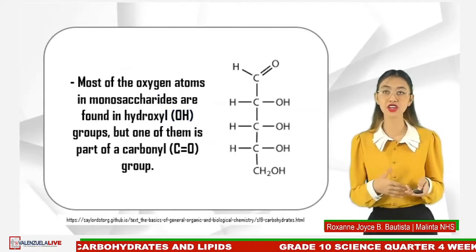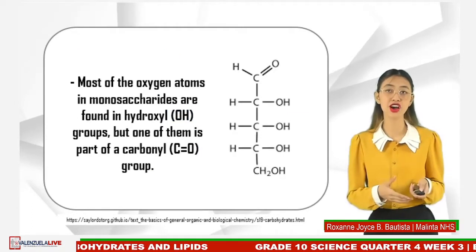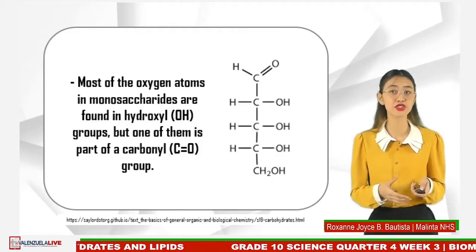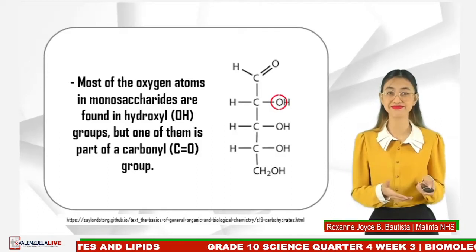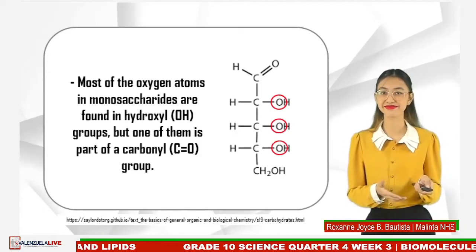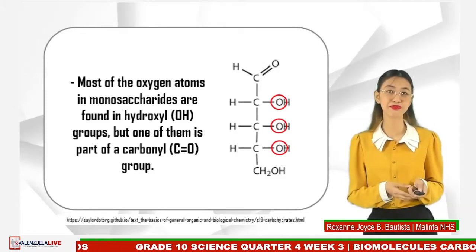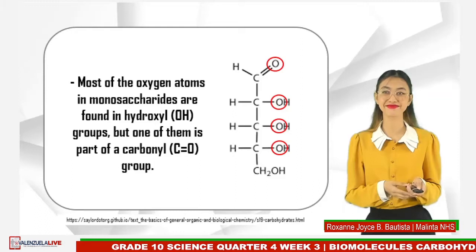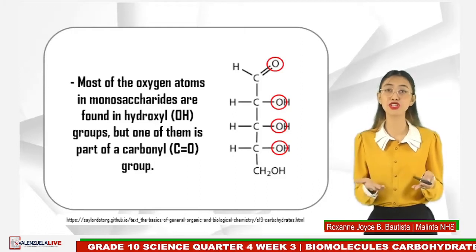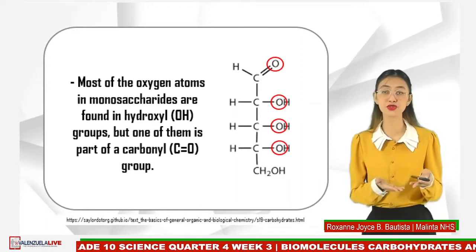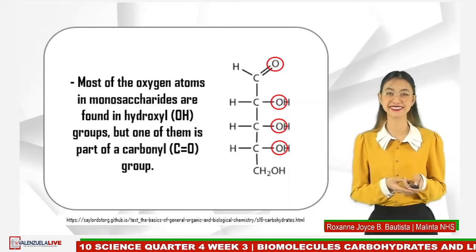Most of the oxygen atom in monosaccharides are found in hydroxyl group OH, but one of them is part of the carbonyl group. The position of the carbonyl group can be used to categorize the sugars.